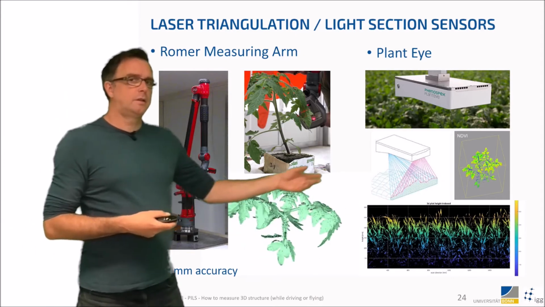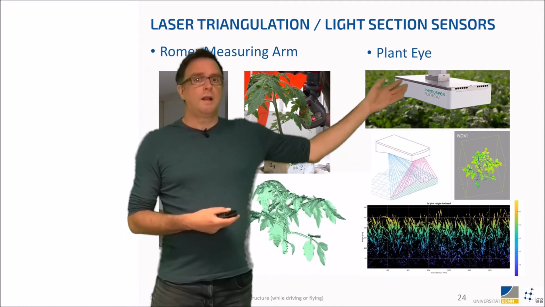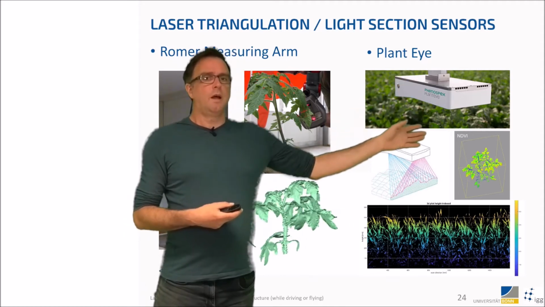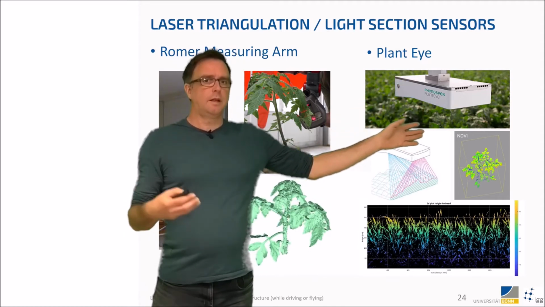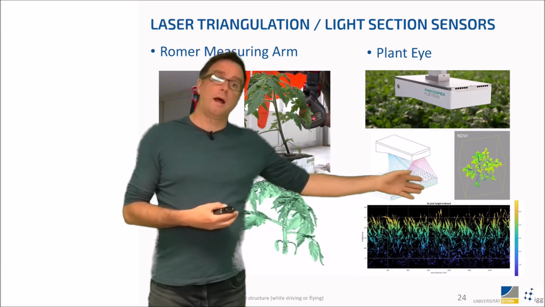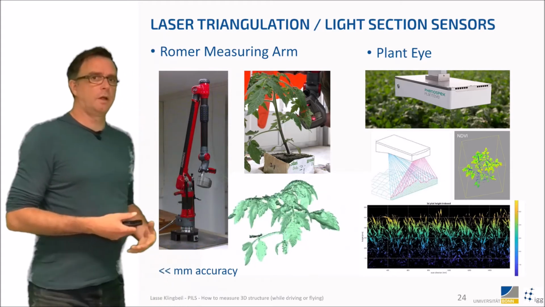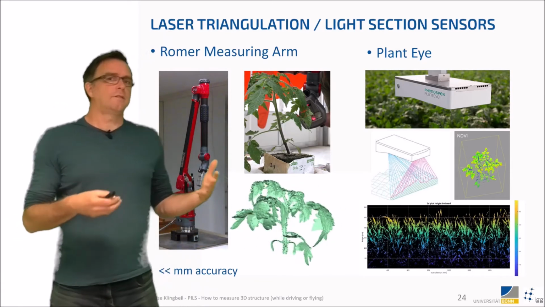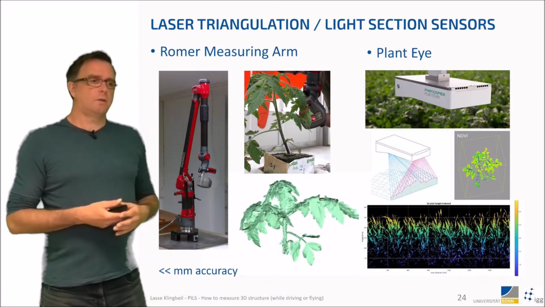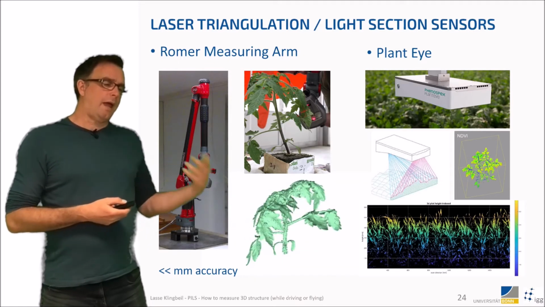And there is another thing which you may know, a so-called plant eye, which is a sensor specifically designed to measure plants, crop surfaces, like you can see here. It also uses a light section sensor or laser triangulation sensor, which is based on active triangulation.